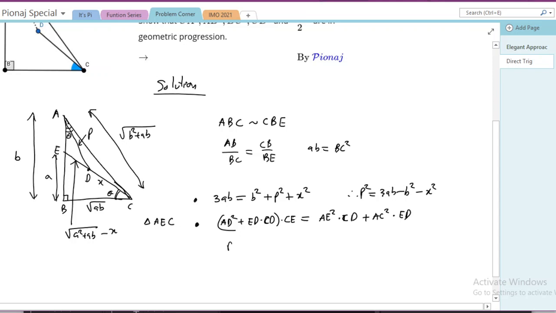So this first one is just P squared, and then we have x times the other length times CE, which is just this length altogether. Now AE squared, to get AE we subtract BE from AB, so that's B minus A squared. CD is x, AC squared is this, and ED is this side minus x.